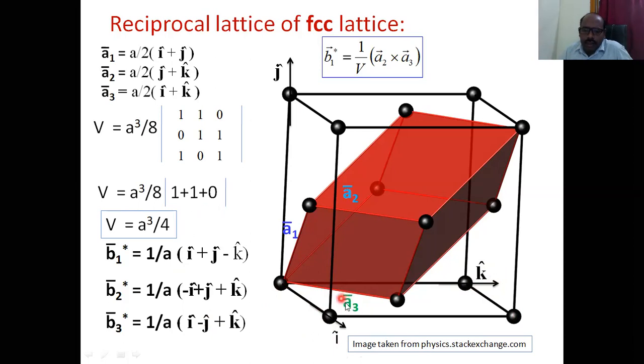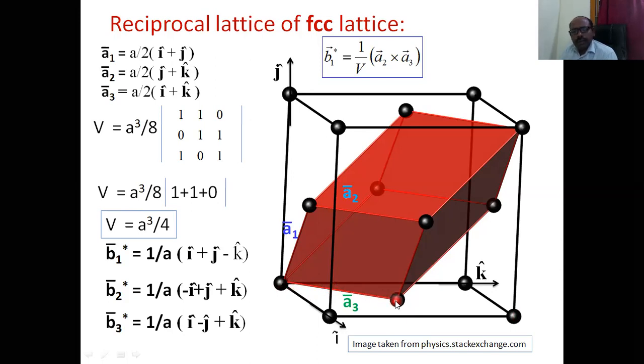Accordingly, we can write the basis vectors. So it is x, y, and z. A3 is located in the xz plane, and this lattice point A3 is here to here, the end.